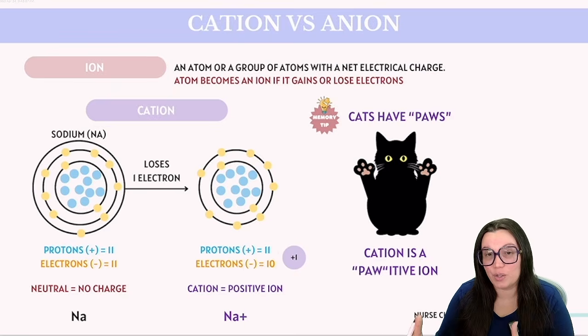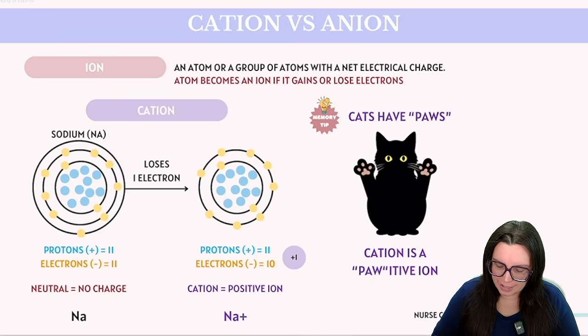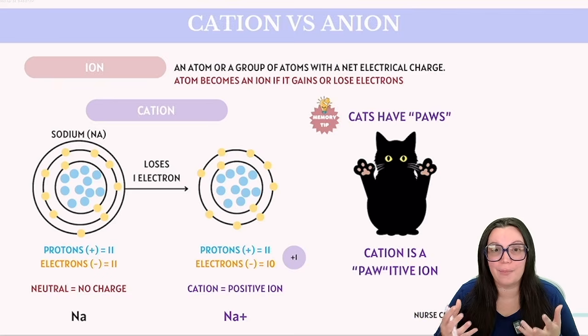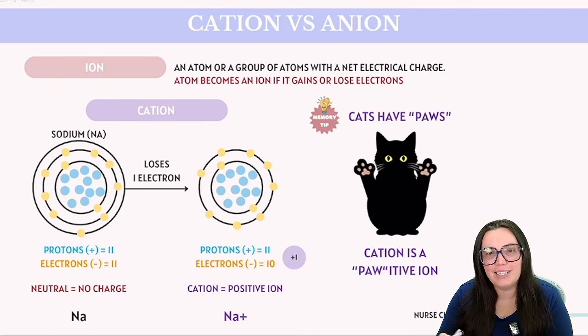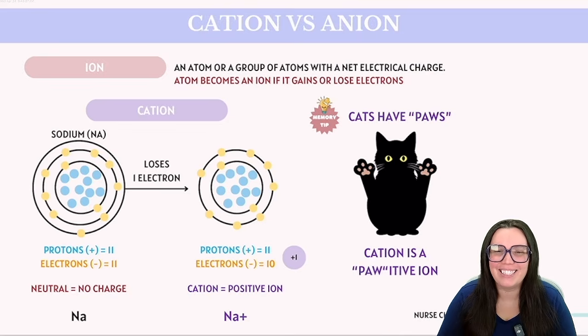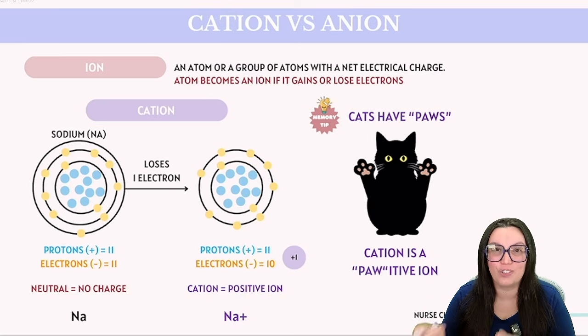To indicate that the sodium atom is in a charged state, we denote sodium ions as Na+. In contrast, a neutral sodium atom is going to be noted as just Na. This positively charged ion, or cation as we like to call it, exemplifies what happens when an atom loses electrons and gains a net positive charge.